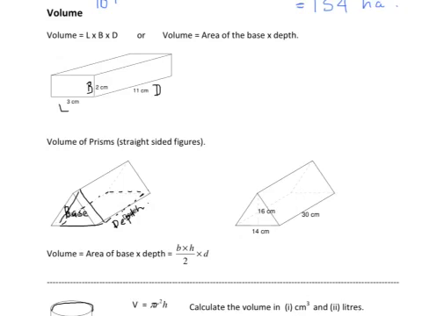So to find the volume, in this case it'll be 14 times 16, which is the height, divided by 2. So all of that is the area of the base, multiplied by the 30, which is the depth, and the answer is 3360.